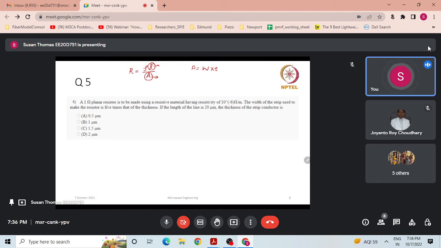1 ohm planar resistor is to be made using a resistive material having a resistivity of 10 power minus 6. So we know the value of resistance to be made, that is 1 ohm, and we know the resistivity also, that is 10 power minus 6.